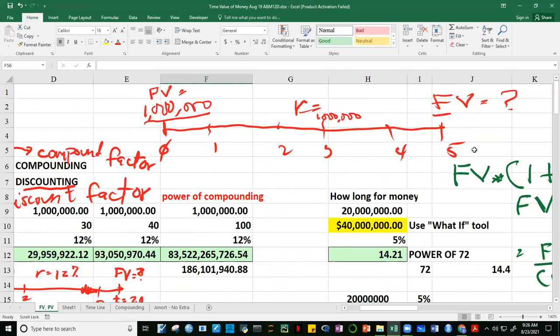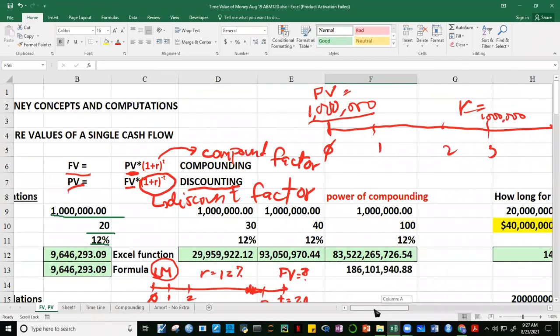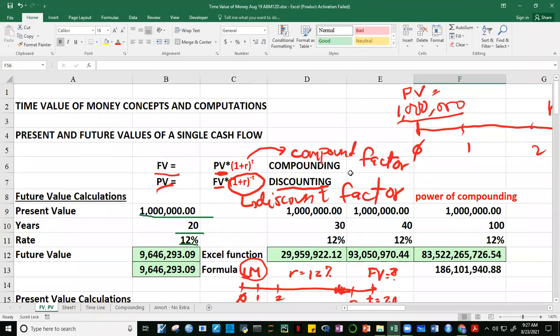It depends on the context of the time flow. So if you have 1 million today, how much will it be after 5 periods? The process of computing the equivalent amount in the future is called compounding, and we use this factor 1 plus r raised to the t to determine the future value.